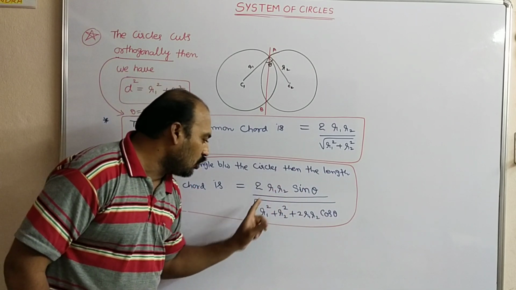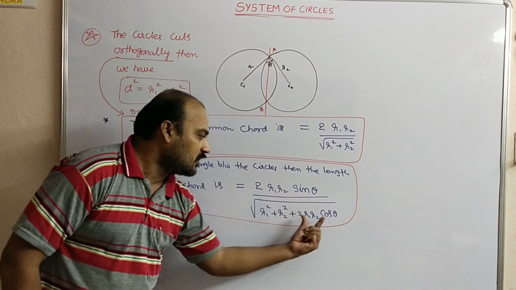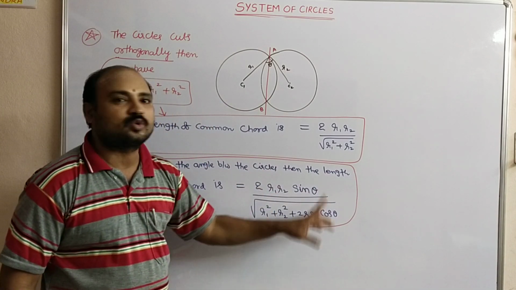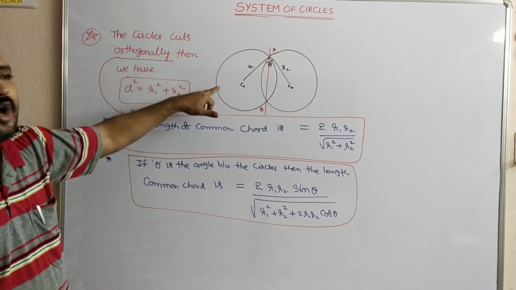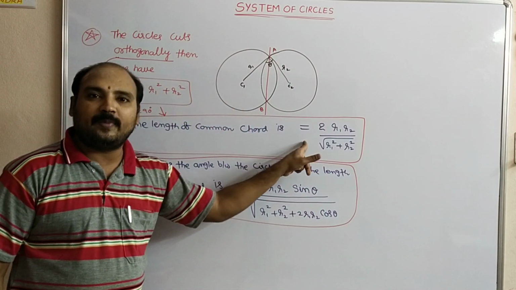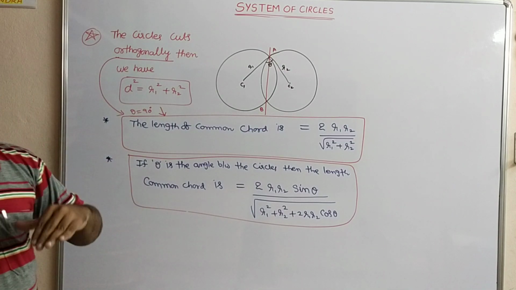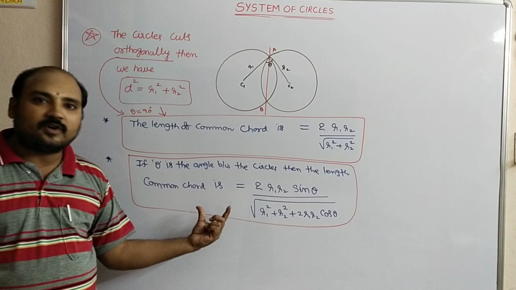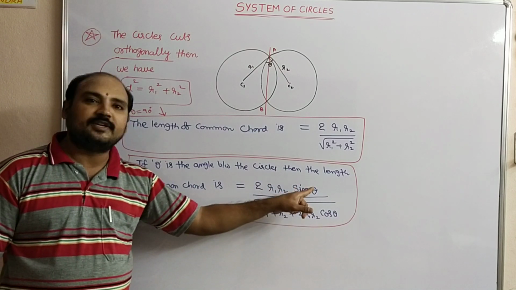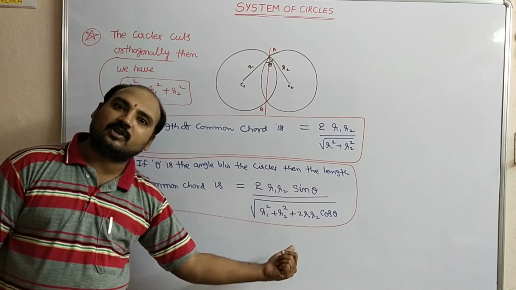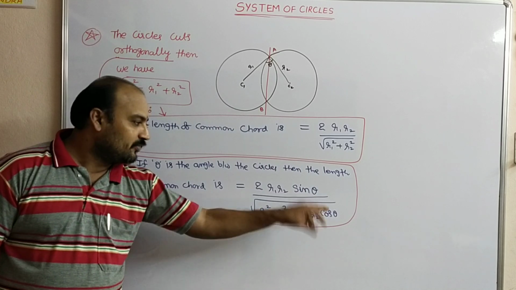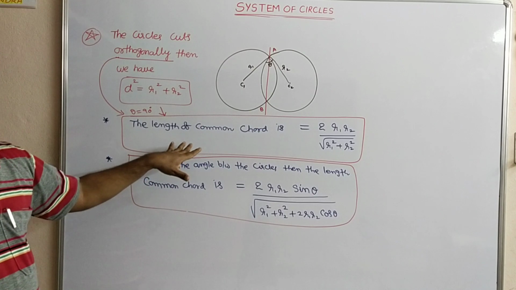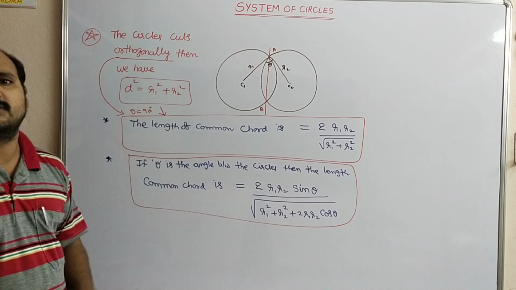So 2 R1 R2 by root over R1 square plus R2 square, and the cos term goes to 0. So when the two circles cut orthogonally, the length of the common chord will be this. For any angle other than 90 degrees, the length of the common chord is 2 R1 R2 sin theta by root over r1 square plus r2 square plus 2 r1 r2 into cos theta. This is the way you can apply it. They will directly ask a formula problem based on this concept.